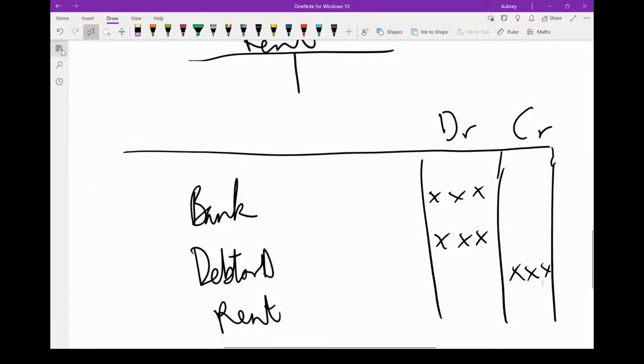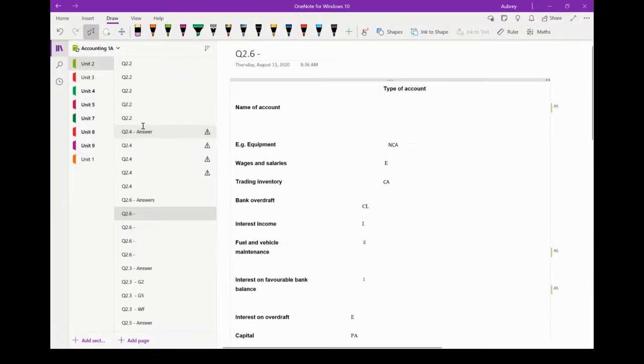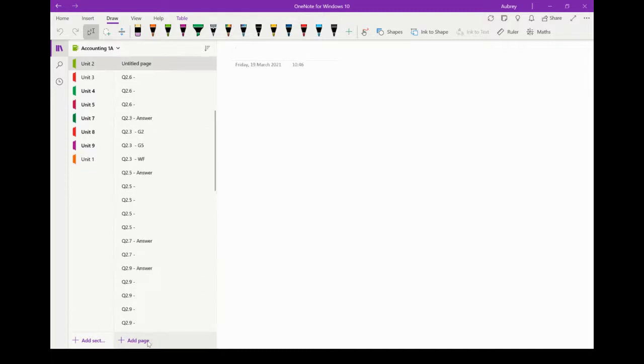Let's get into unit 2, and I just want a page that we can mess around with. I'm not even going to label it.